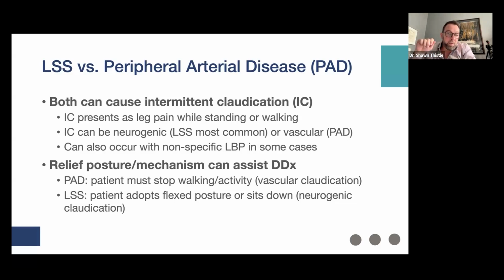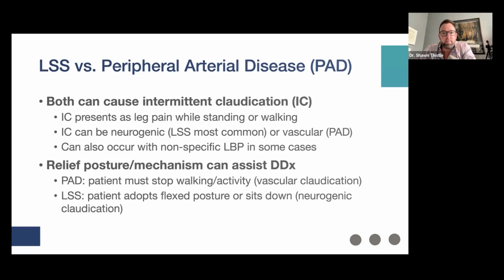And lumbar spinal stenosis patients could actually walk way farther leaning forward than they could standing up. That is not the case for peripheral arterial disease patients. So they have to completely stop the activity, whereas lumbar spinal stenosis patients can often keep going if they change their position into a flexed posture, generally speaking.